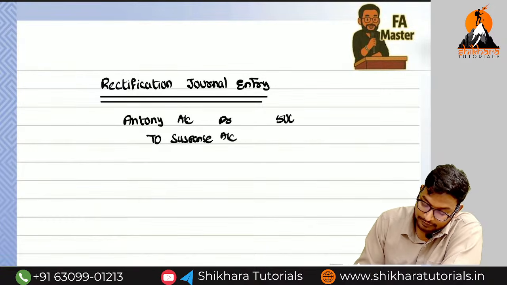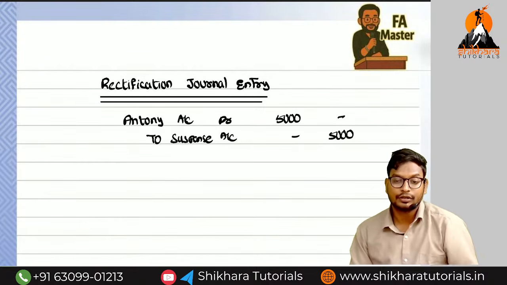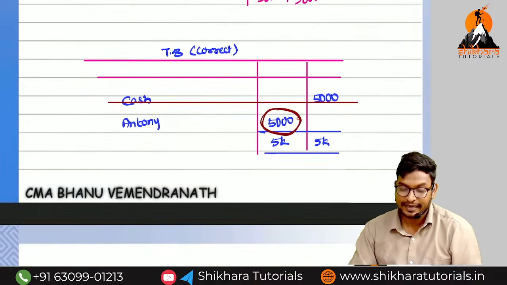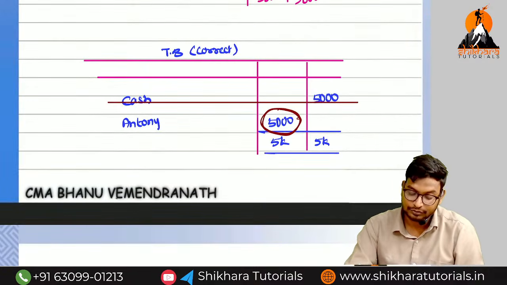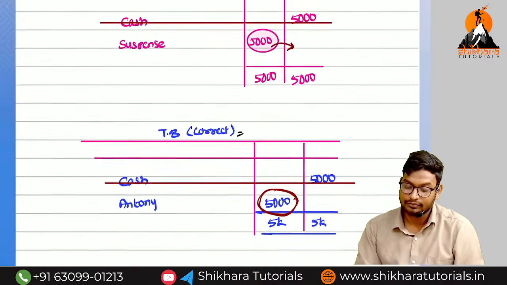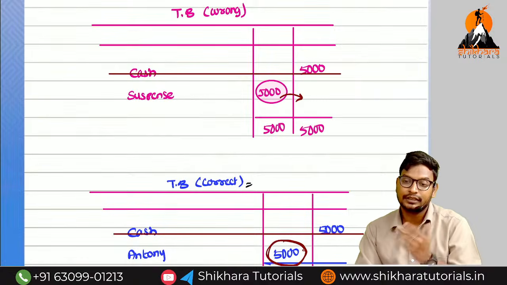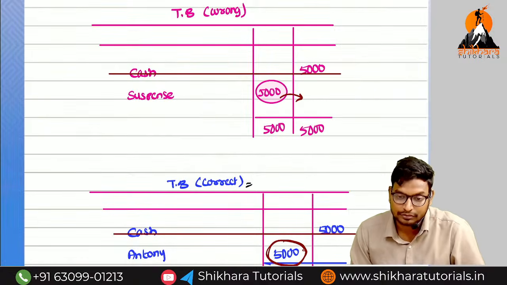How much, amma? 5,000 and 5,000. I think you have got the clear picture about this rectification. Yes or no, ma? Because Anthony, the correct one, should be on the same side, and the wrong one should be on the opposite side. Why did we strike off cash? In both it is the same, so we strike it off.